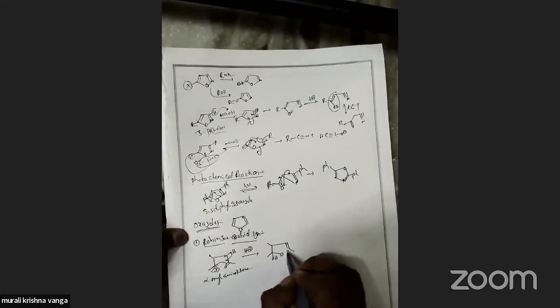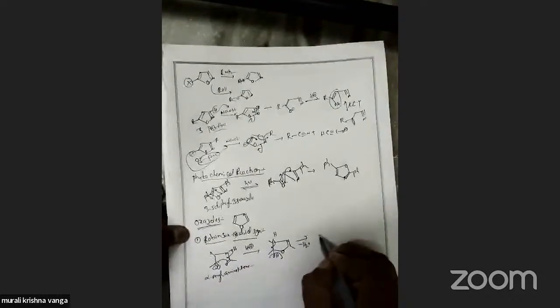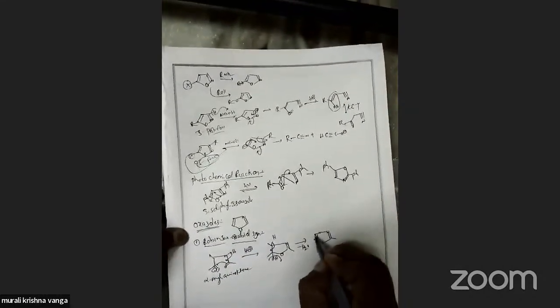The product is an OH with a double bond. Now it undergoes loss of a water molecule, and then the oxazole product is formed.